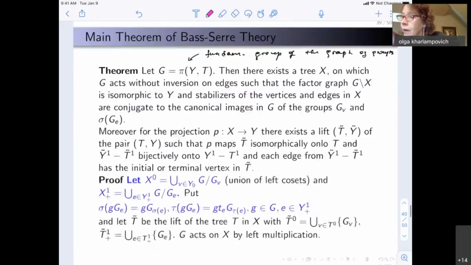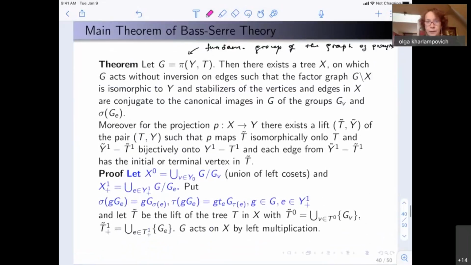Okay, now the main theorem, the Bass-Serre theorem. And then I'll just talk about applications. In one direction, suppose we have a fundamental group of a graph of groups, G. Here the graph is Y, and T is a maximal subtree.